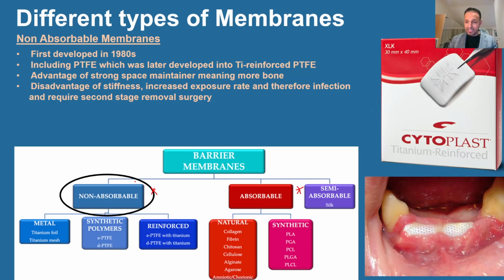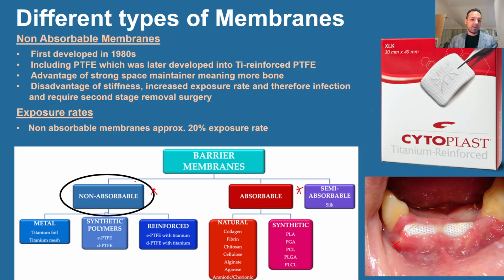And you can see here red inflamed tissue around here, and this PTFE membrane has become exposed, which creates a problem in terms of maintaining the space for the bone, as well as the risk of an infection and complete loss of everything. And the exposure rates are well documented.